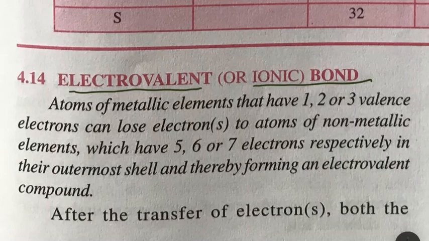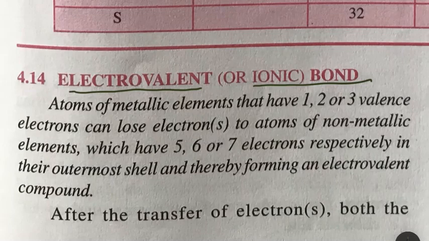So if any atom has less than 8, that is from 1 to 7 electrons, they show chemical activity. They will want to react with another atom so that their outermost orbit will have 8 electrons.